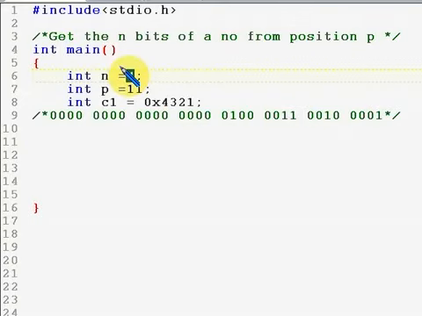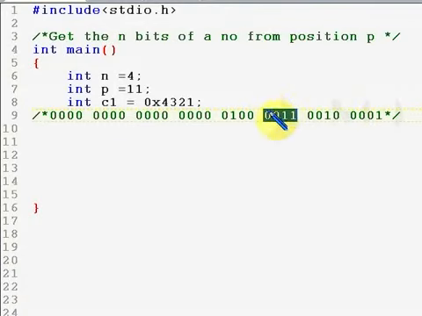Now let me say I want these 4 digits. How do I achieve it? First, I want these 4 bits, or these n bits, at the right hand side.